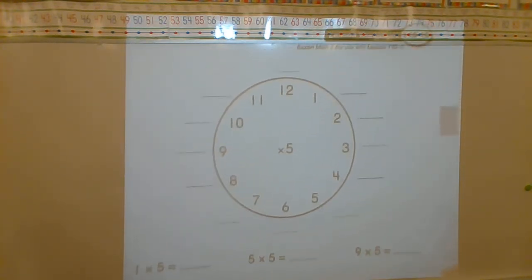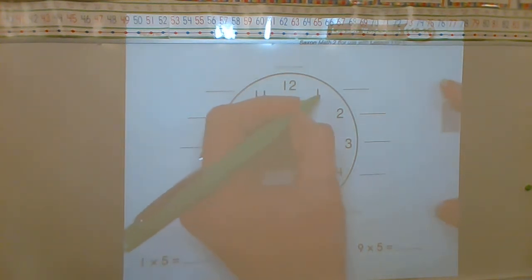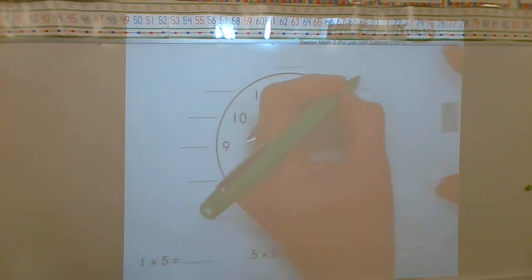We can also use, everybody get out sheet 110-1C, we can also use a clock to help us multiply by fives, okay? Because how many minutes are there between 12 and 1? 5 minutes.